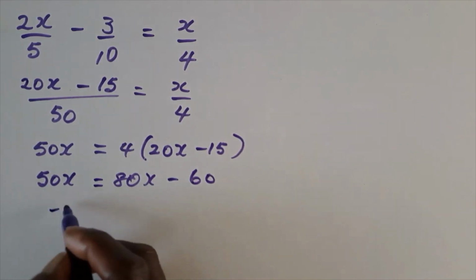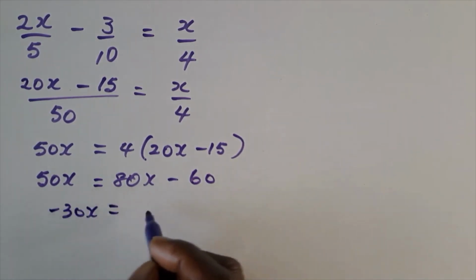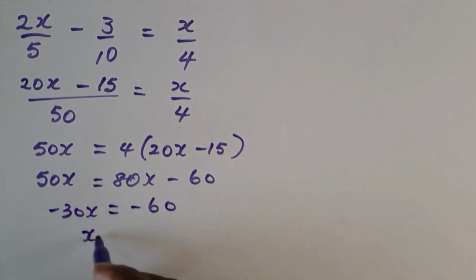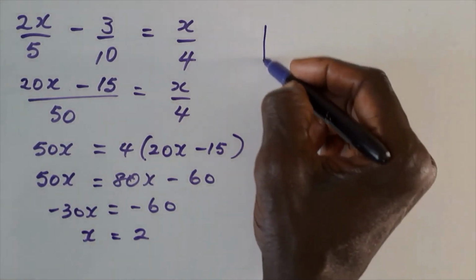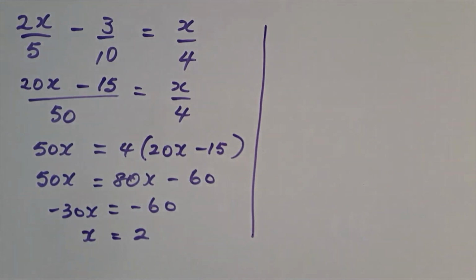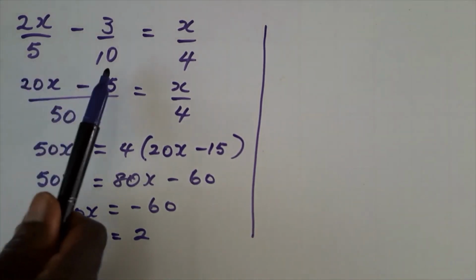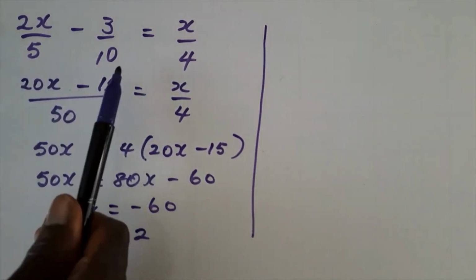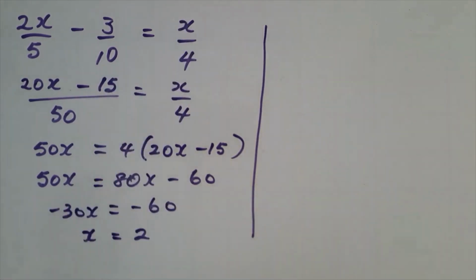So we have that minus 30x is equal to minus 60, giving us x is equal to 2. And we're showing you alternative methods.